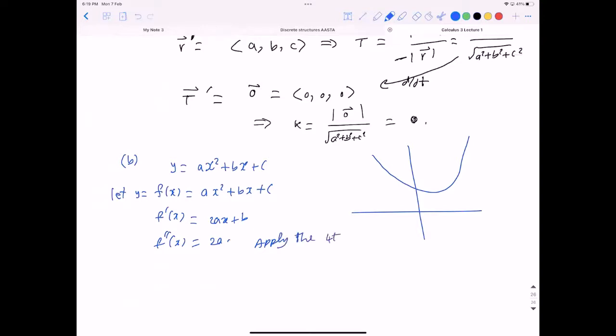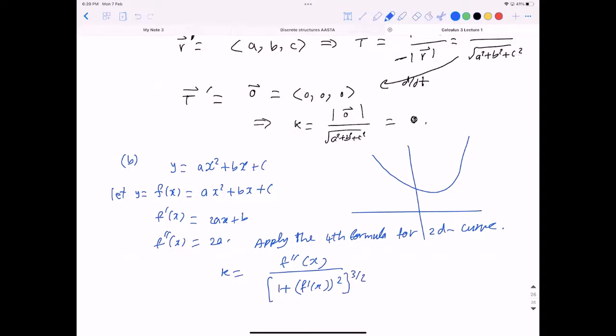The fourth formula for a 2D curve, which is the second derivative: kappa equals the second derivative over 1 plus the first derivative squared, all to the power of this compound. Do you remember? To the power of what? Power 3 over 2.